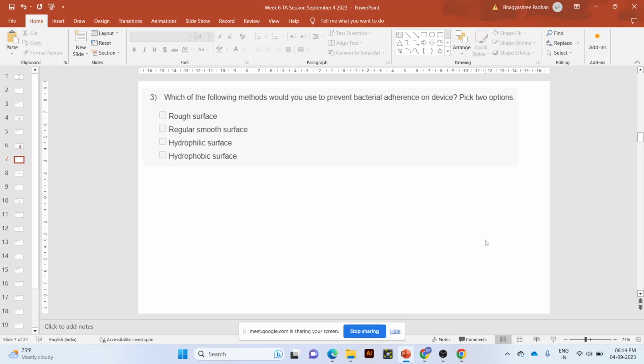First and third. Okay. Anyone else would like to answer? Two options to prevent bacterial adherence on device.